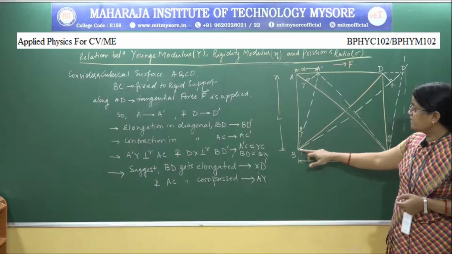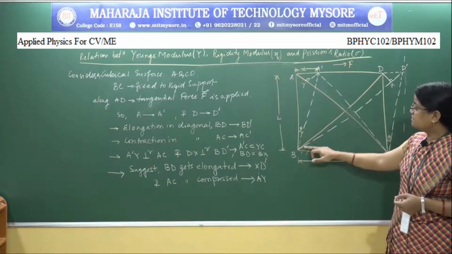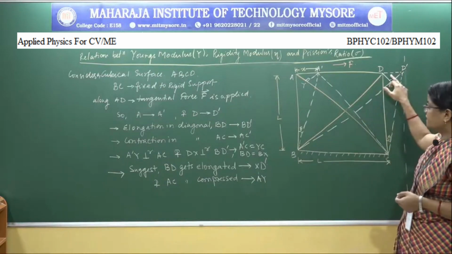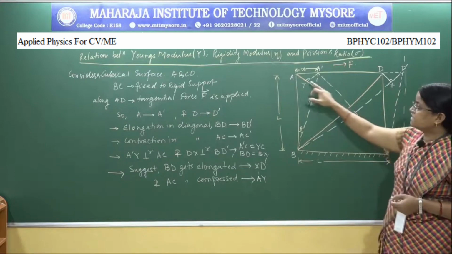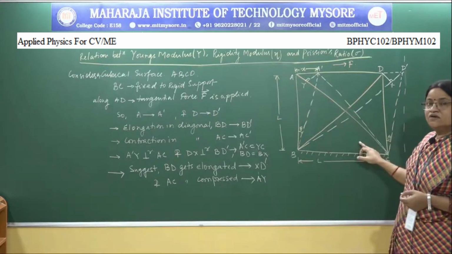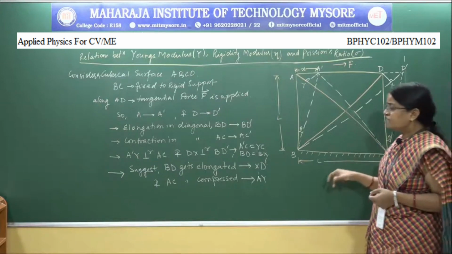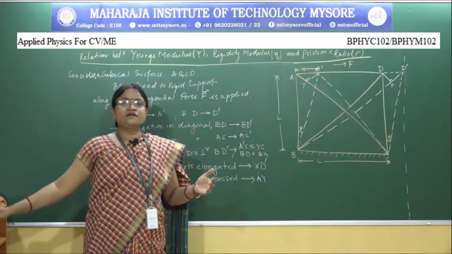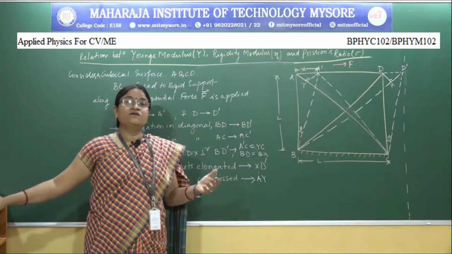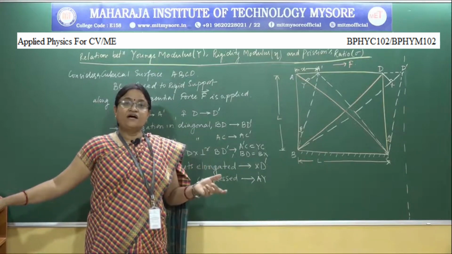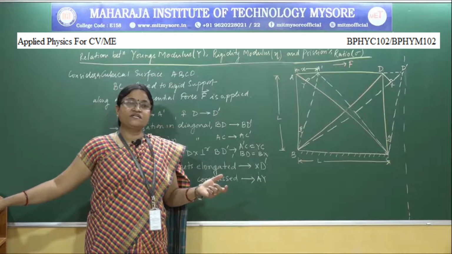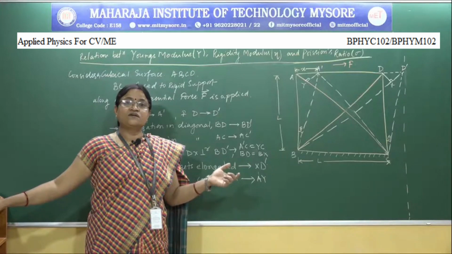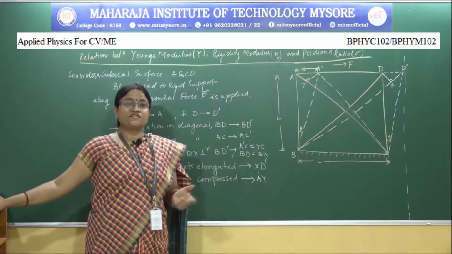So taking that into consideration, if we say that there is a tensile stress, then there is a longitudinal extension, meaning longitudinal strain, working along BD and the lateral strain working along AC. In the previous class we have learned that if there is a longitudinal strain, then it is defined by alpha, which is the longitudinal strain coefficient, and beta, which is due to the lateral strain, we define as the lateral strain coefficient.